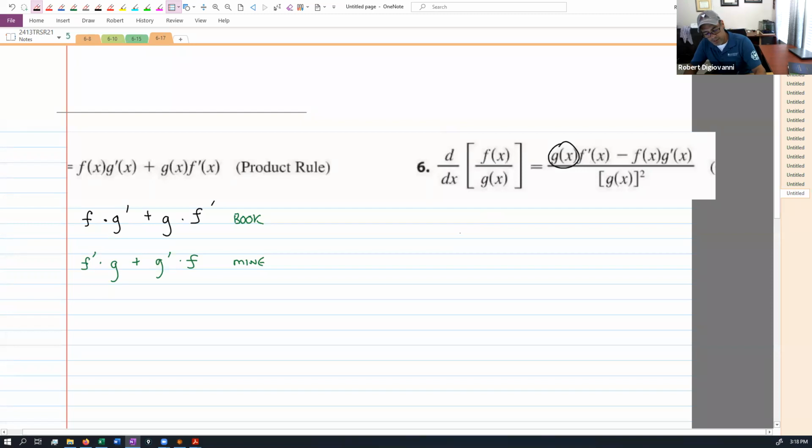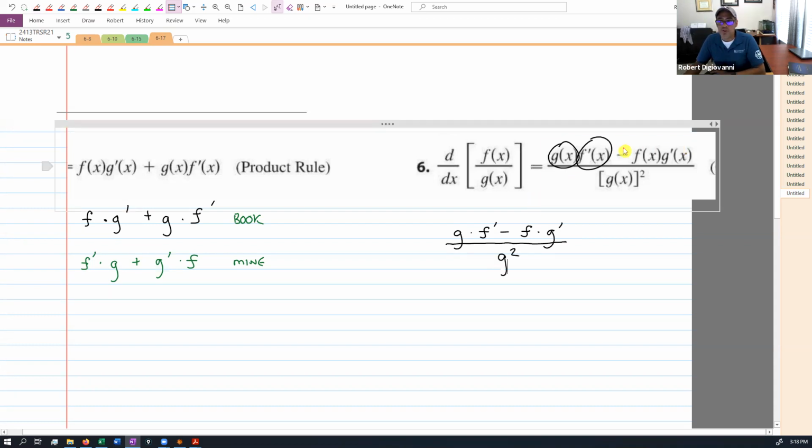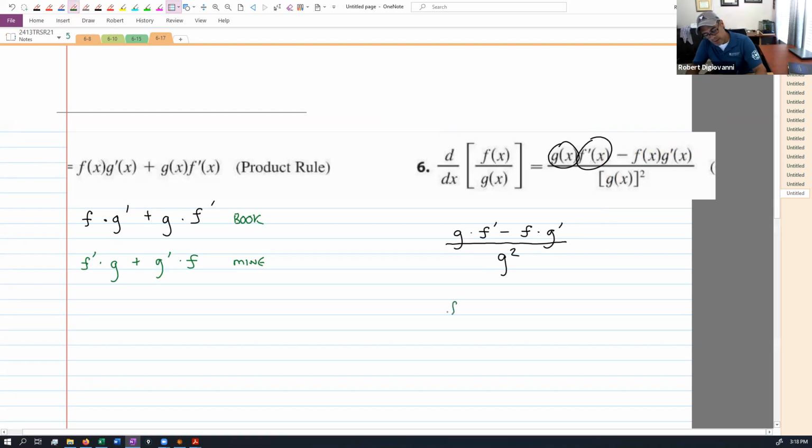It is g times f prime minus f times g prime all over g squared. That's the book's version. My version of the quotient rule is f prime times g minus g prime times f all over g squared.